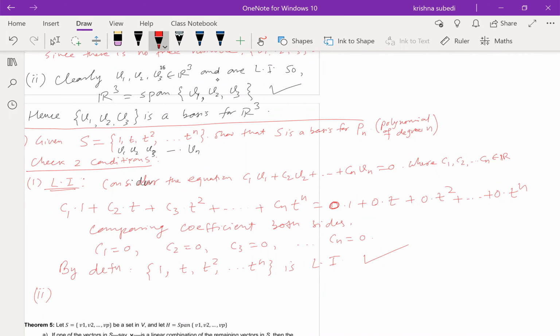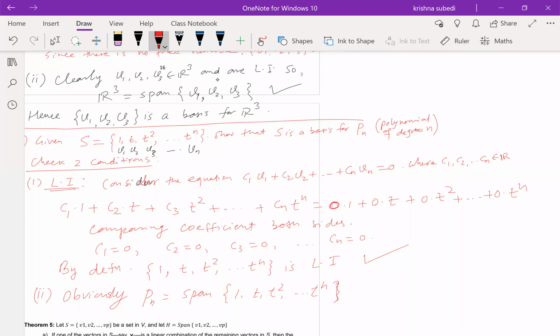Now we need to show that it spans. Obviously, Pn is actually the span of 1, t, t square, up to t to the n. This is pretty obvious. It doesn't require any proof.